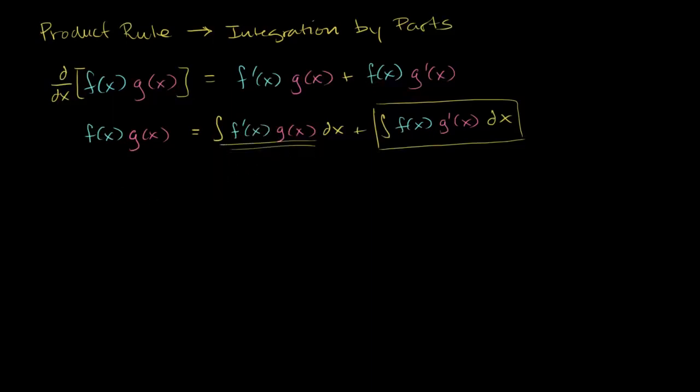And then I am left with f of x times g of x minus the antiderivative of f prime of x, g of x dx is equal to what I wanted to solve for, the antiderivative of f of x, g prime of x dx.